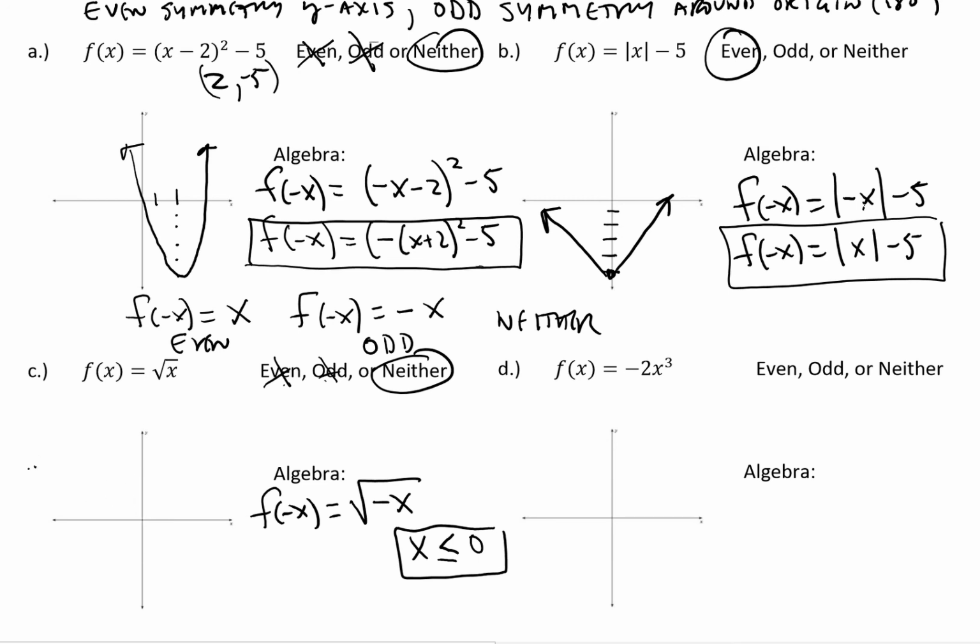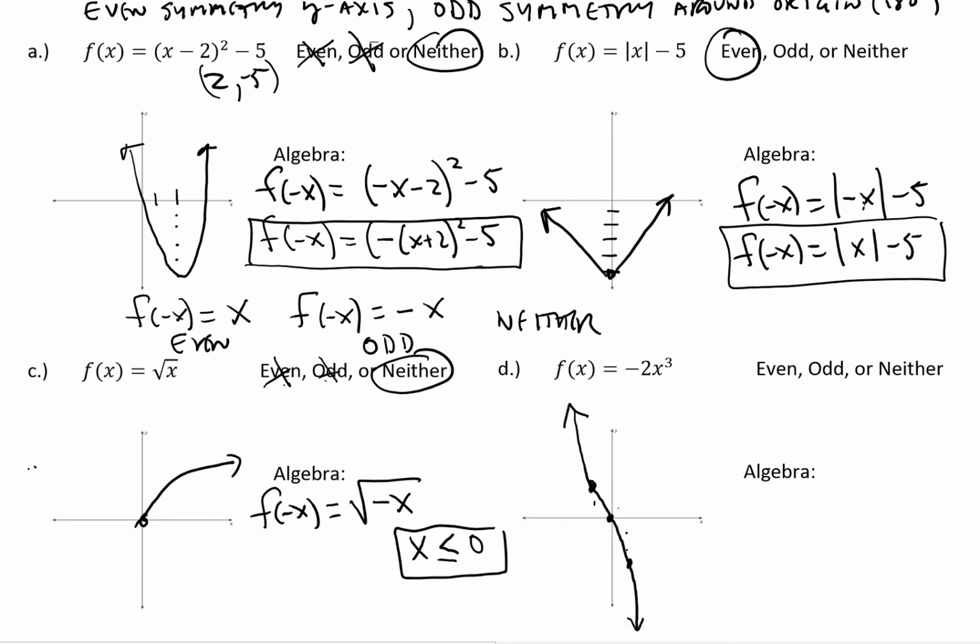All right, so the next graph is f of x equals negative 2x cubed. So when we look at this, where it's negative, it's going to be over 1, up 1, 2, and then over 1, down 2. And so you're going to have a graph that looks like this.